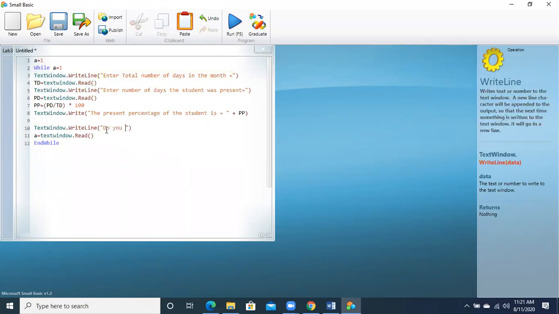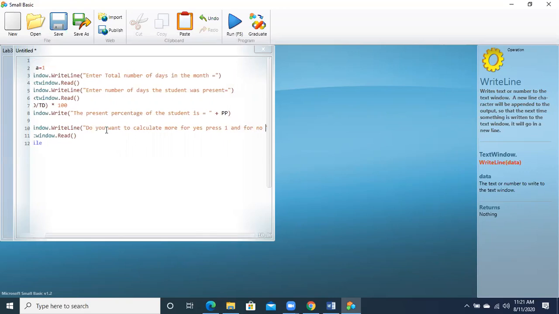Do you want to calculate more? अच्छा, for yes क्या करें? Press 1, and for no press -1. अच्छा जी, because -1 क्यों दिया हमने?